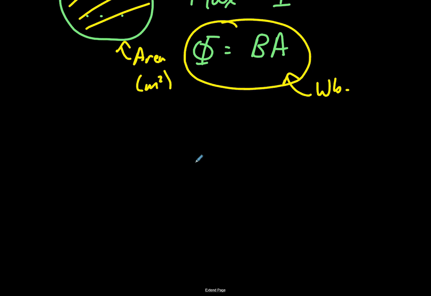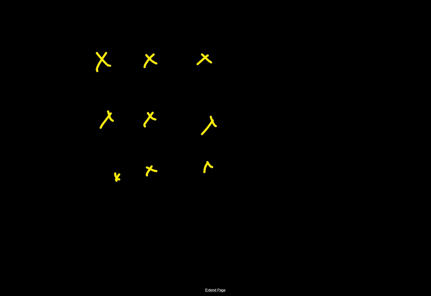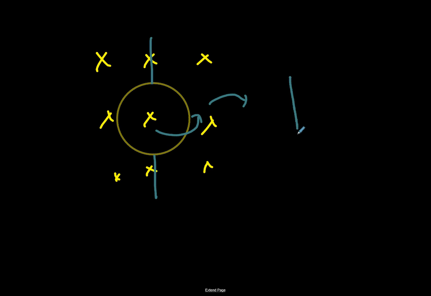So Webers. If instead of pushing our ring into the field, we just take our ring and spin it in the field? We're doing the same thing. We're going from full flux when this thing is straight on to, if we have some way of spinning it, and now we spin it around, at some time later it's going to be edge onto the field, so it's going to have no flux.